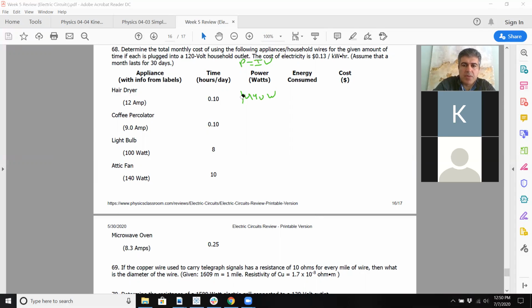That might make things a little easier. So 1.44 kilowatts. This will be 1.08 kilowatts. 100 times 120 is actually 12 kilowatts. It's 12,000 watts. 140 times 120 will be 16.8 kilowatts.